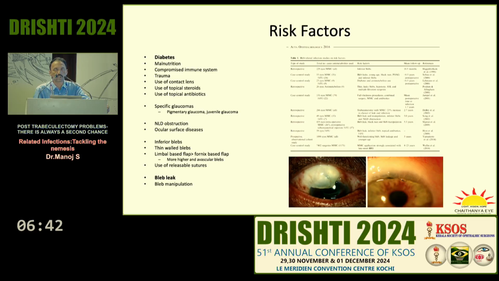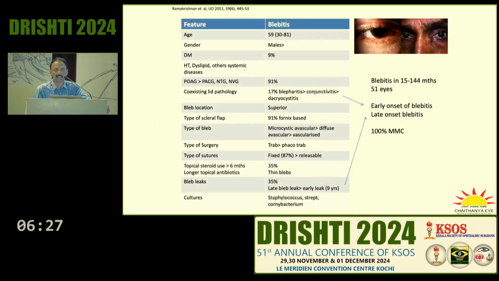If you look at the risk factors of bleb-related infection, there's a whole big list, right from systemic factors to use of topical steroids, antibiotics, adnexal problems, and also various bleb-related issues. Bleb leak seems to be the most important predisposing factor.